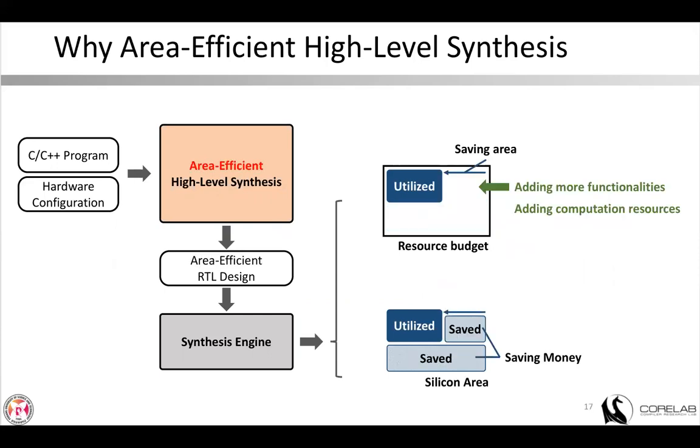Since the proposed HLS automatically inserts the management logic, there is no need to use a soft processor. So the proposed HLS saves lots of area. This can make it harder to add more functionalities under resource budgets such as FPGAs. In the case of ASIC, we can save money for this area.